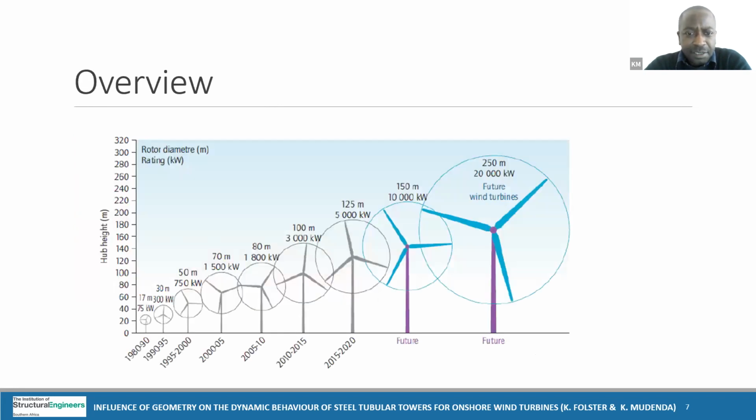Okay, so again, just a chronological summary of the growth in the wind turbine diameter with a subsequent growth in the rated output. At the time that this publication came out, which was around 2013, the rated output for the turbines was around 3 megawatts with a turbine diameter of 100 meters. You will notice that as the turbine diameters increase, you also have an increase in the height of the tower.